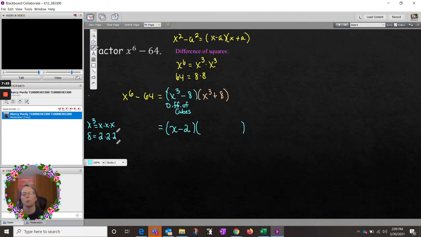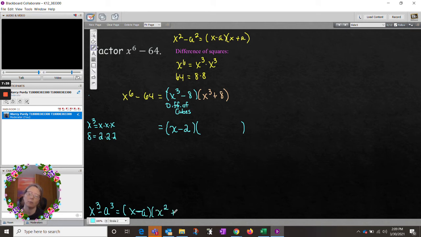So your x term is the x and your a term is the 2. Remember the pattern for a difference of cubes. I just wrote it on the other slide. It is x minus a times x squared plus ax plus a squared. So it would be x minus 2 times x squared plus your x term times your a term, so 2 times x, plus your a term squared, so 2 squared is 4.